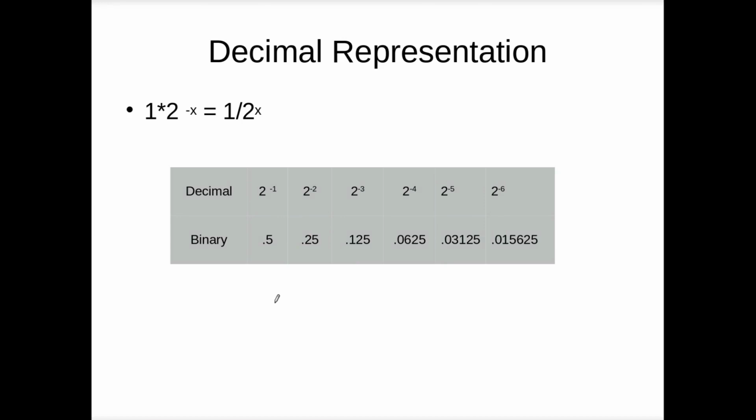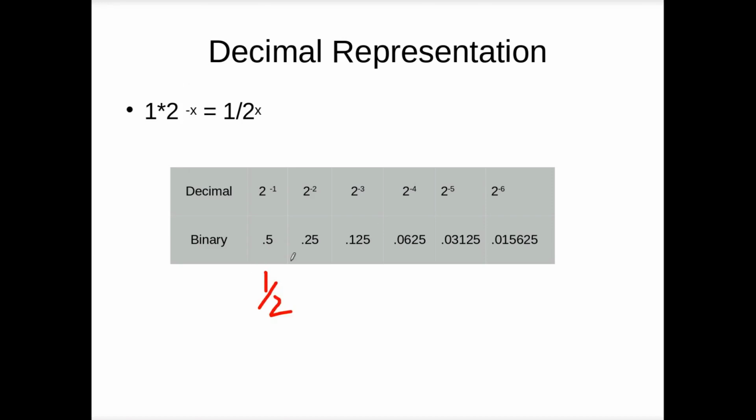And so you can still do the same representation with these numbers. Basically you have 2 to the values. 2 to the negative 1 would be 0.5, 2 to the negative 2 would be 0.25, 2 to the negative 3 would be 0.125. This is equivalent to 1/2.